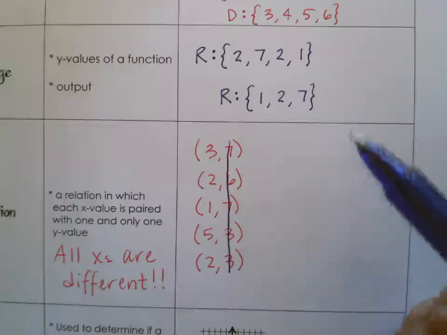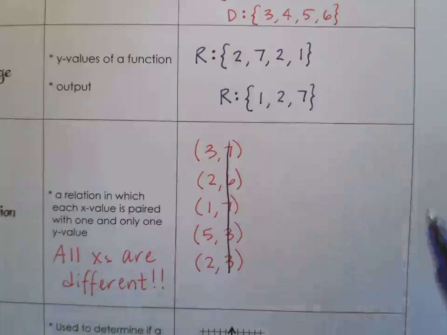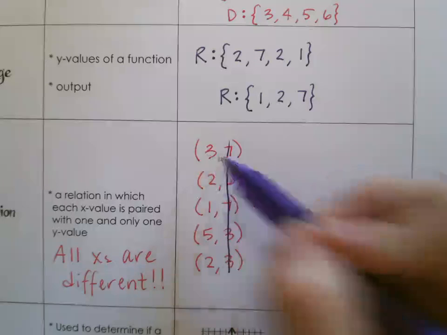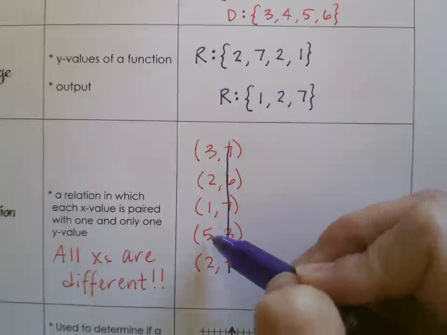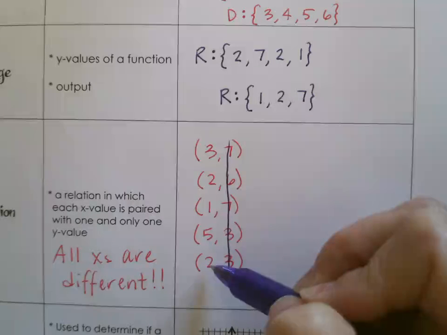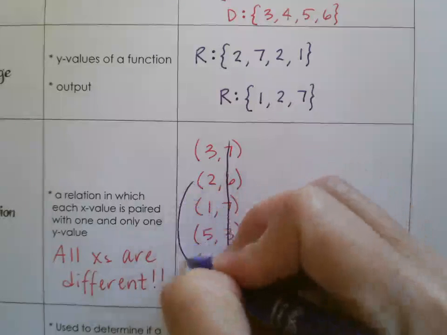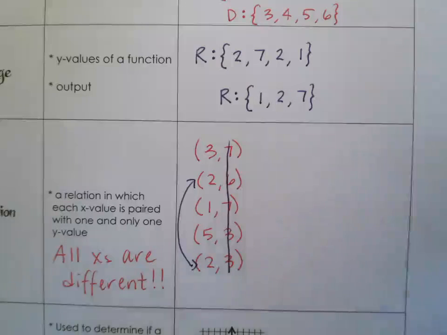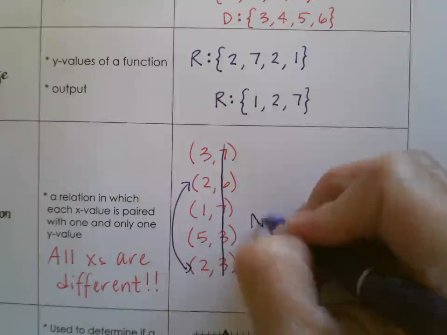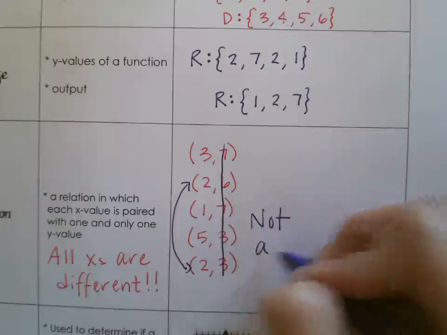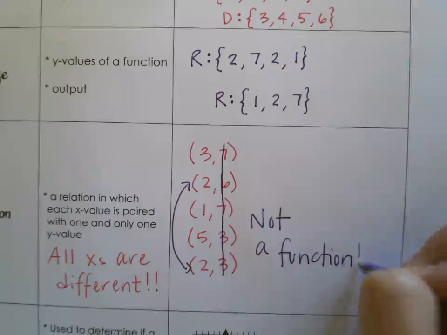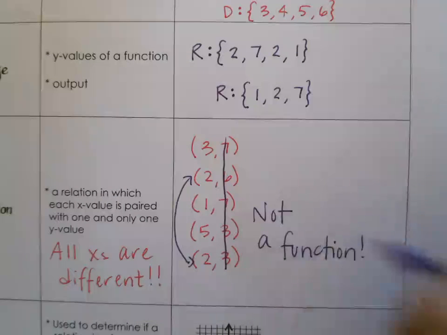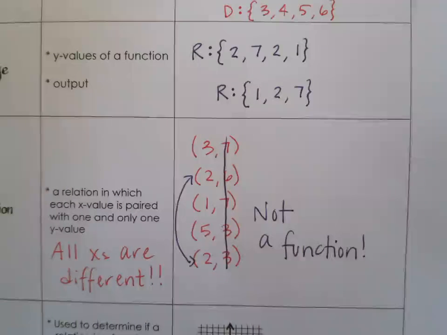What determines a function is that all the x's are different. So that one's okay, that one's okay, that one's okay, that one's okay. This is a problem because I have two x's that are the same. So this is not a function. All of the x values have to be different in order for it to be a function.